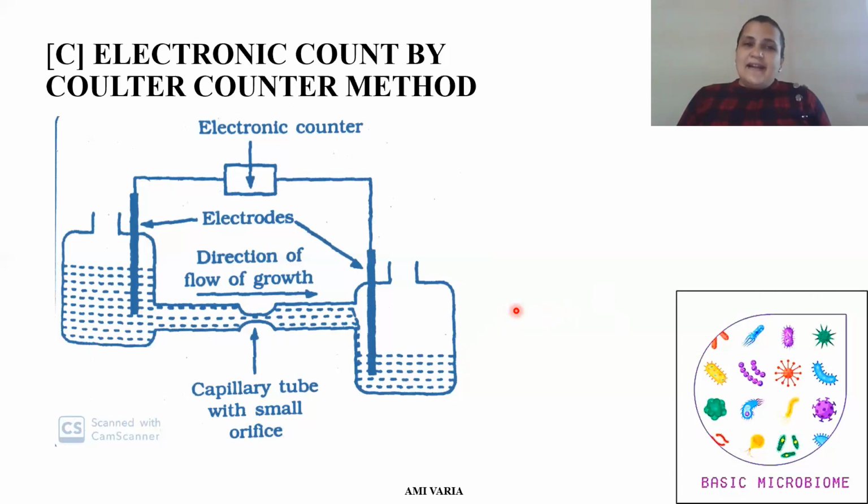The advantage of this method is that it gives a proper count, but the disadvantage is, if the bacterial growth forms larger cellular mass, it produces a clog in the orifice. Because of that, blockage of the orifice occurs, and the sample cannot pass through.